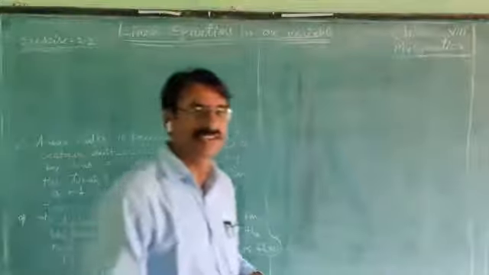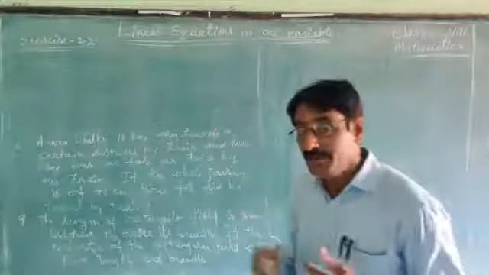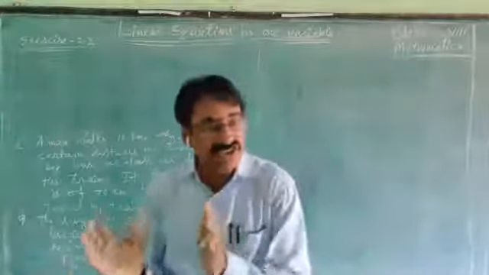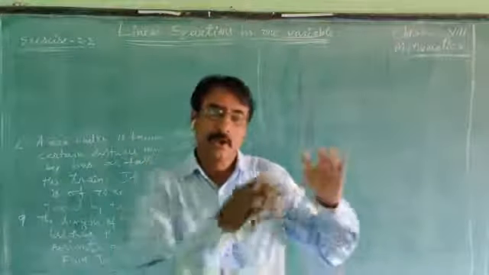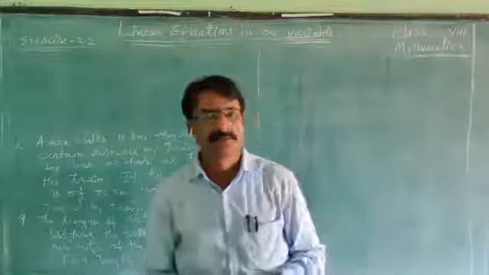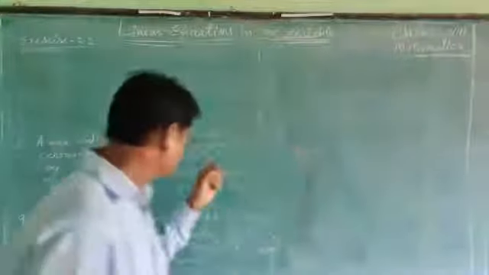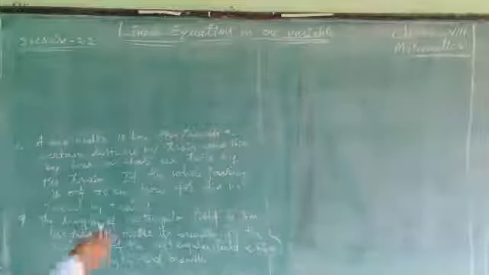Totally he completed his journey of 70 kilometers. We don't know how much distance was traveled by train and how much by bus. But a small relation must be given here. What is the relation?